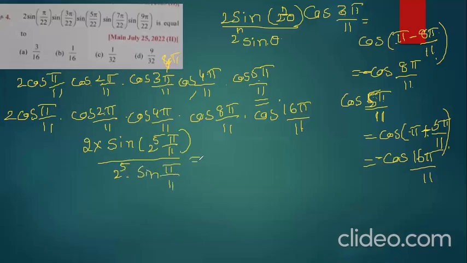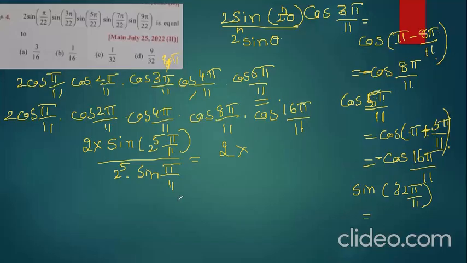Okay. So what do you get? Sine 2 power 5 pi by 11, that is sine 32 pi by 11, right?